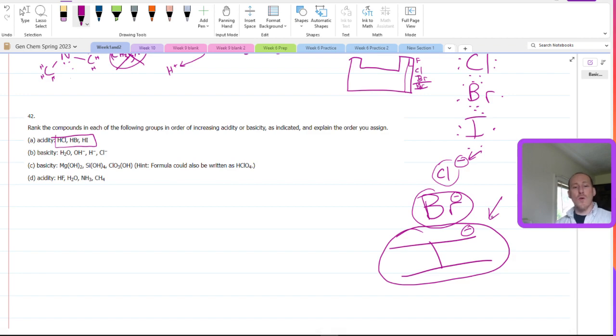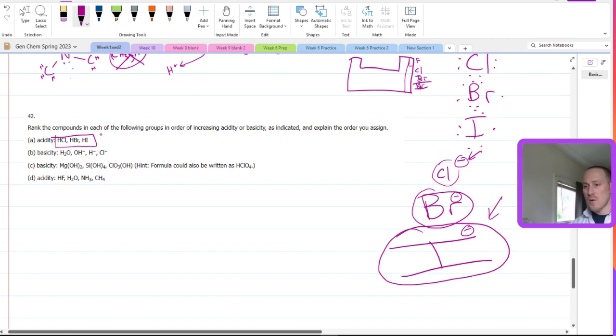It's highly polarizable, and it can distribute that excess negative charge much better than chlorine can. So it's more stable, which means it's more happy to get rid of its proton. So in this case, the biggest one is the most acidic because its conjugate base is the most stable. They're all strong acids, by the way.